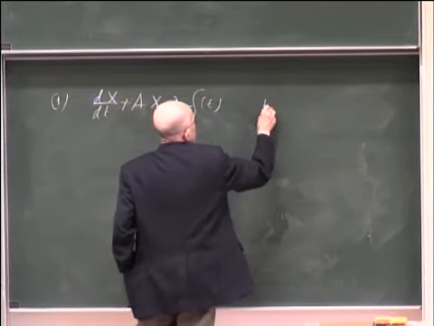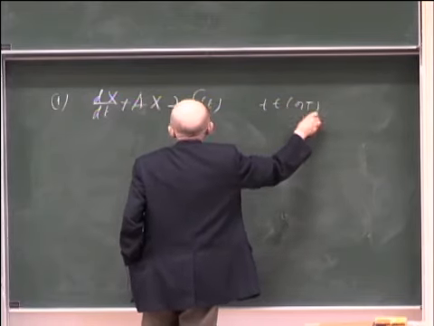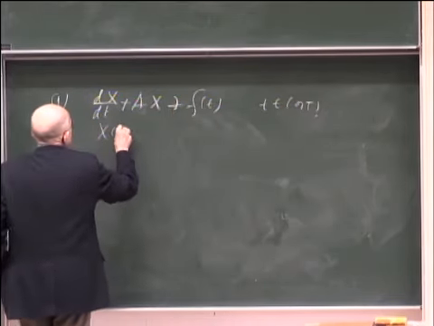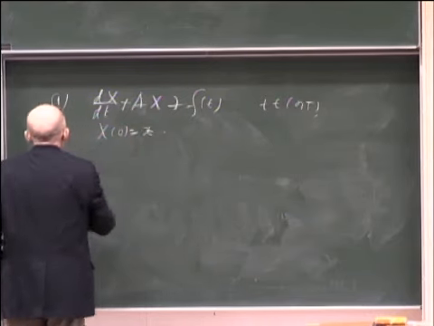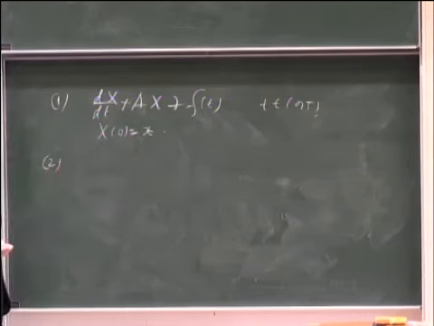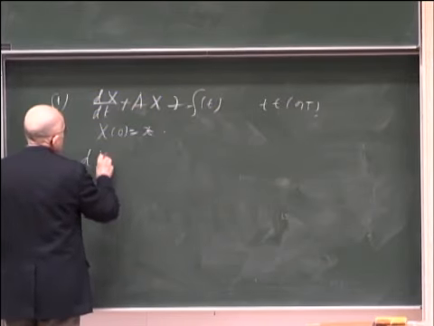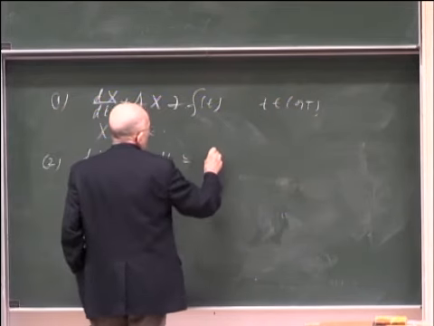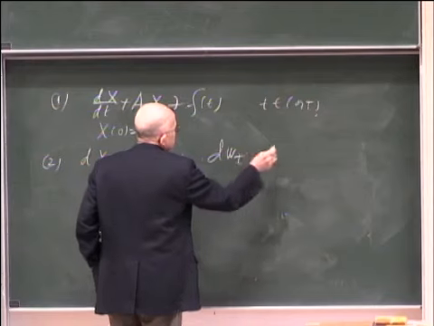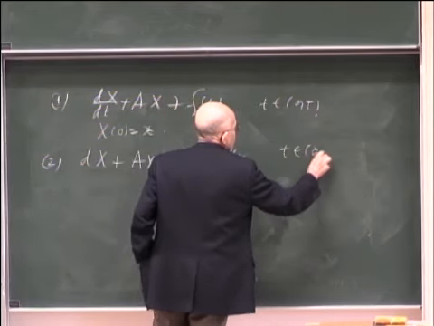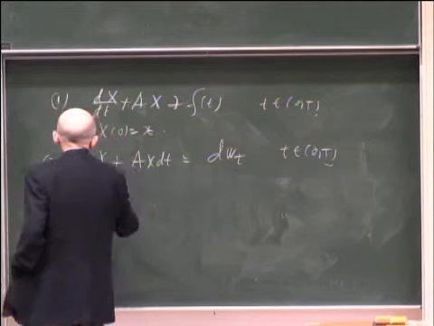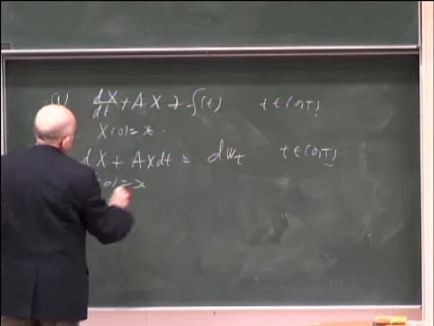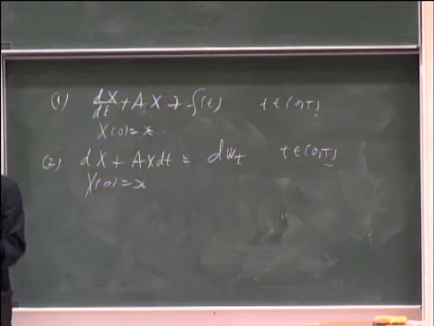This is not important. On the interval t0 to T, the Cauchy problem with x0 equals x. And its stochastic pair, dx plus Ax dt equal, let's say, dWt, on t0 to T.